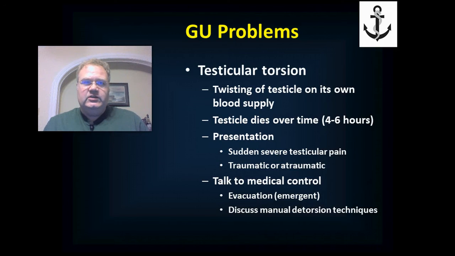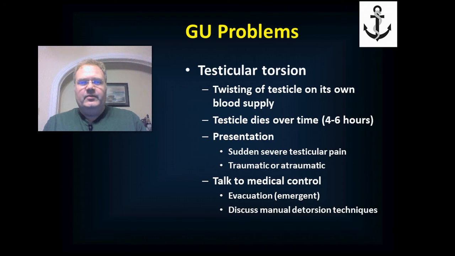Testicular torsion is a problem that can strike men. The testicles hang down in the scrotum attached to the abdomen with a cord that basically has tubes going up to carry the sperm and blood supply and nerves coming down, the venous blood supply going back up.